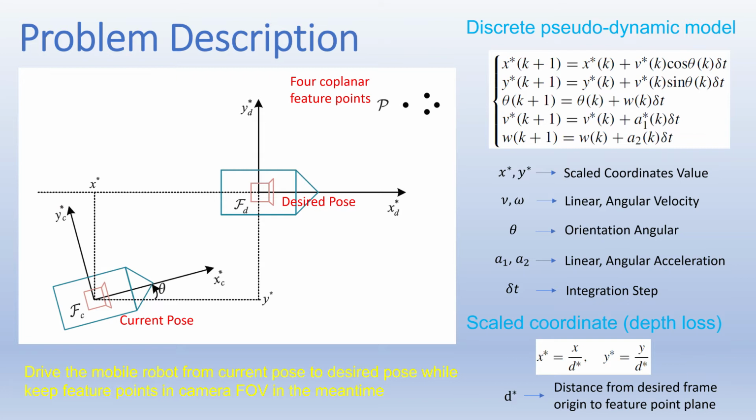We get the object from a 2D image, so we can hardly estimate its depth. So x is the exact point where the mobile robot is, and x star is the estimated one according to the distance from the desired frame to the feature point plane.